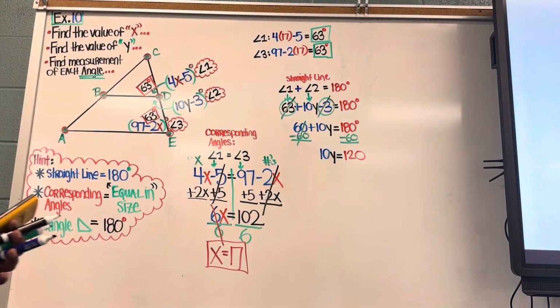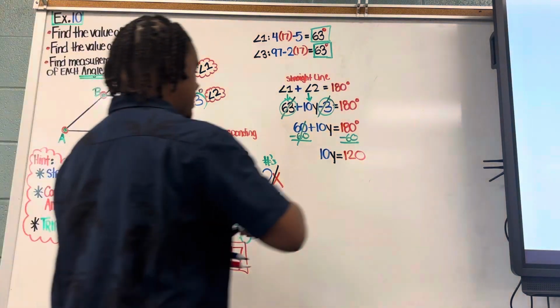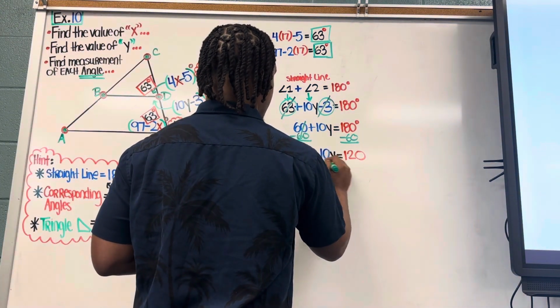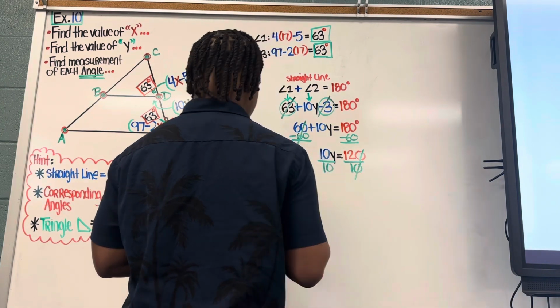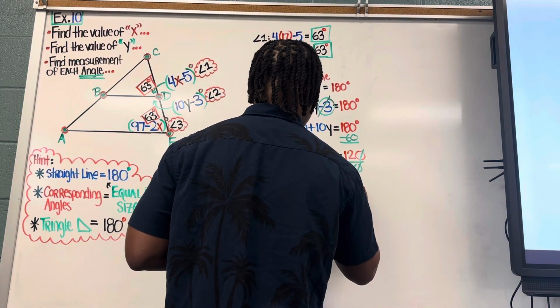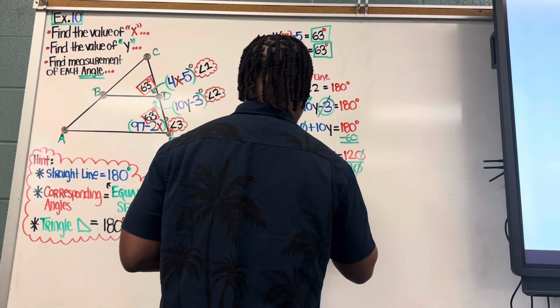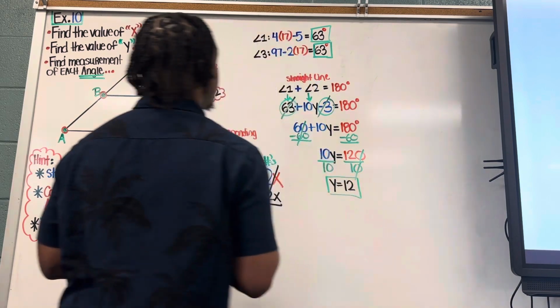The last thing we need to do to find the value of y is divide both sides by 10. 120 divided by 10 equals 12. So y has a value of 12, meaning I can plug in 12 as y in angle 2.